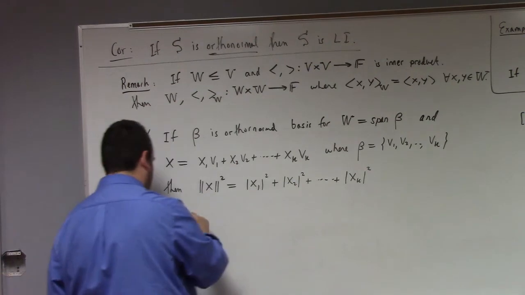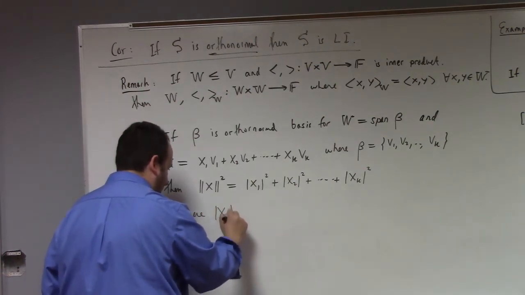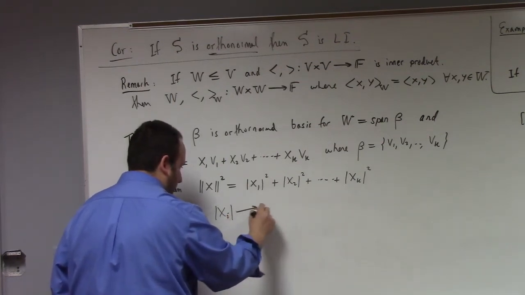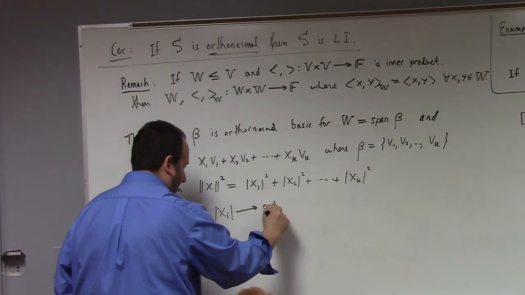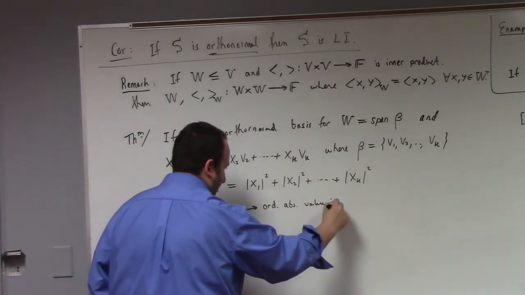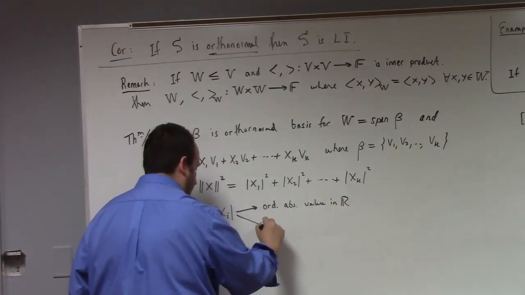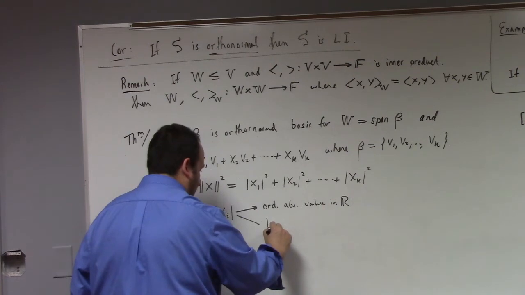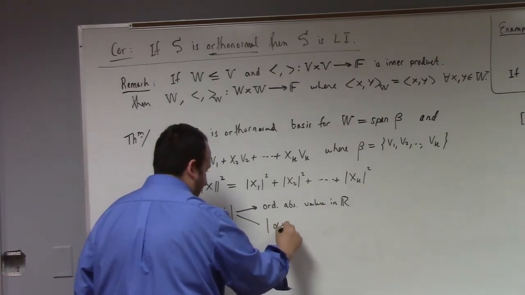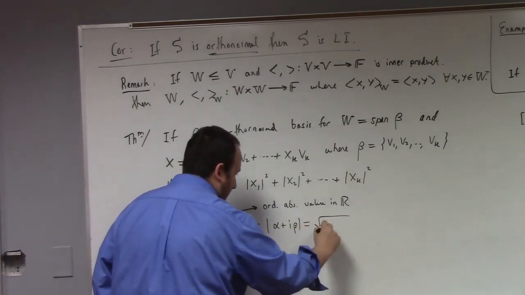Here, the absolute value of xi is either just the ordinary absolute value in R, or, for a complex number alpha plus i beta, the square root of alpha squared plus beta squared.